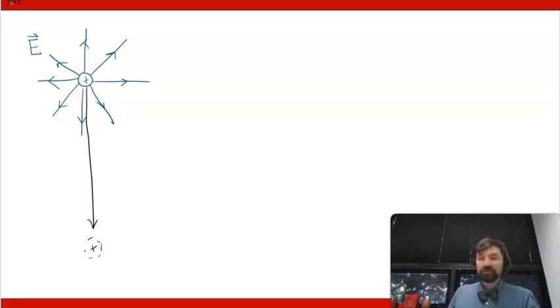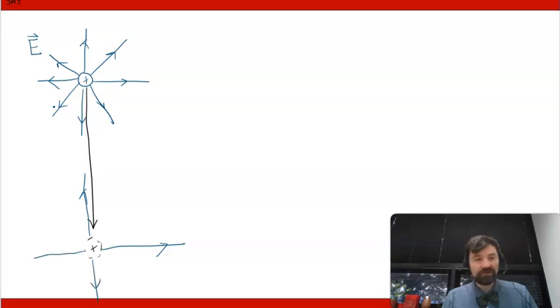Well, if I moved it suddenly and then just let it sit for a while, then after a while the field lines would basically just radiate out from this point like so. So I just have a new set of field lines. And yes, the electric field values would be somewhat different at each point in space.